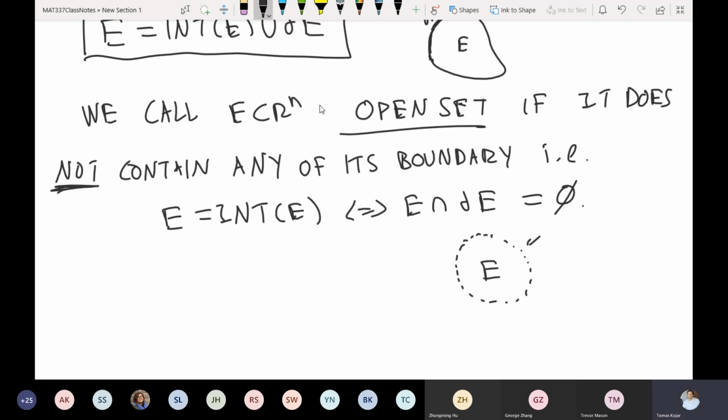This is E, so this is the boundary of E. Okay.